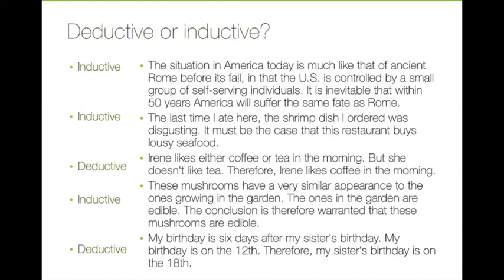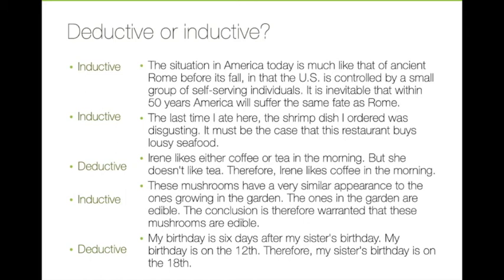Despite the writer's use of the word inevitable to suggest certainty, it's reasoning that since there are similarities between the US and ancient Rome, it's likely that the US empire will decline in ways that the Roman one did. But it should be pretty clear that there's no guarantee that this parallel will be fulfilled.